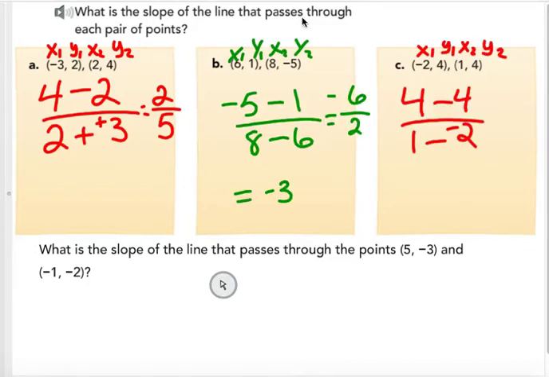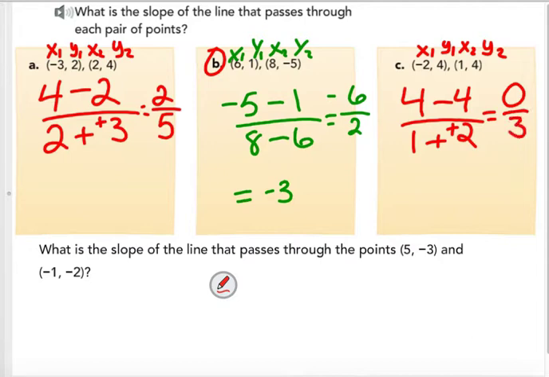So for b, as we have done the formula, we see we got negative 6 divided by 2, which reduces to negative 3. And then for c here, I'm running into an issue. I've got 4 minus 4, which is 0. Don't freak out there. But then we have 1 minus a negative 2. Here's where we need to watch that negative again.